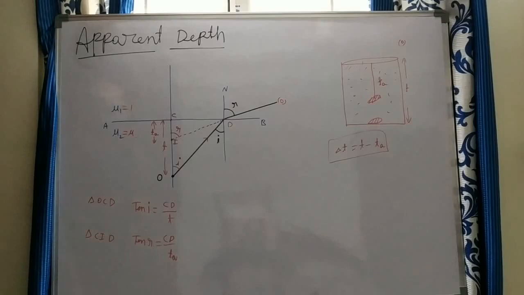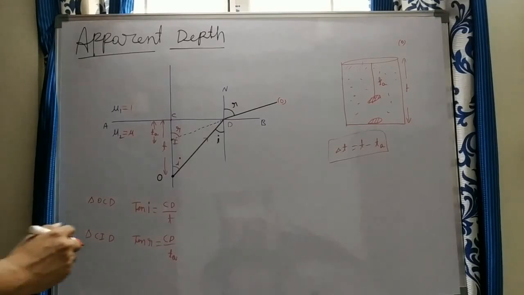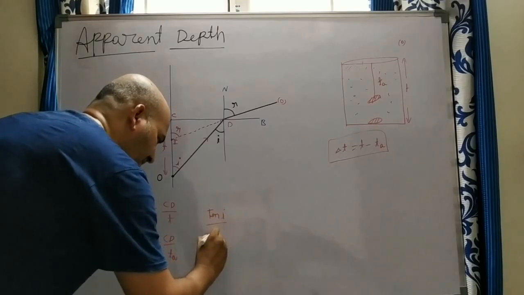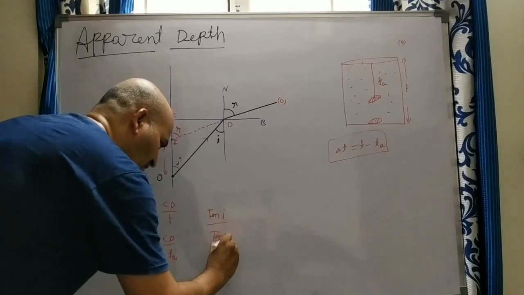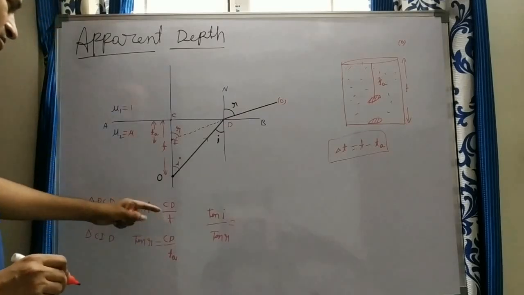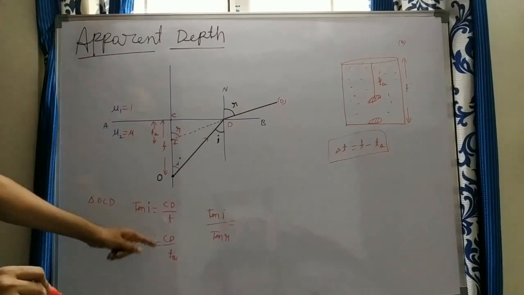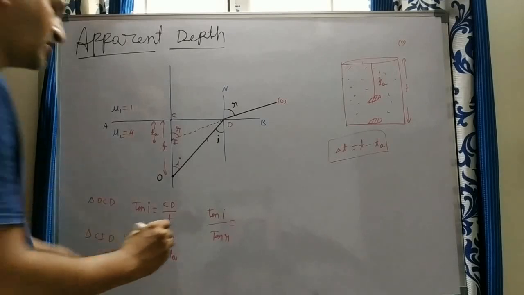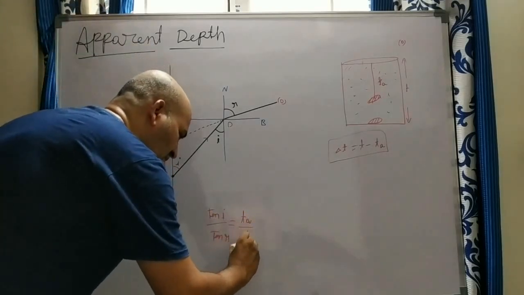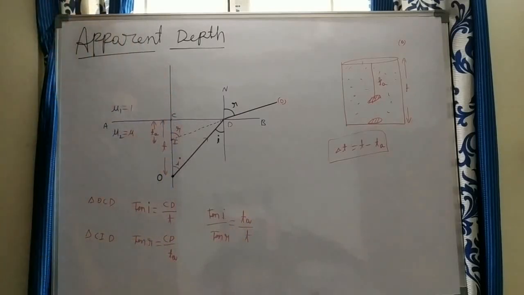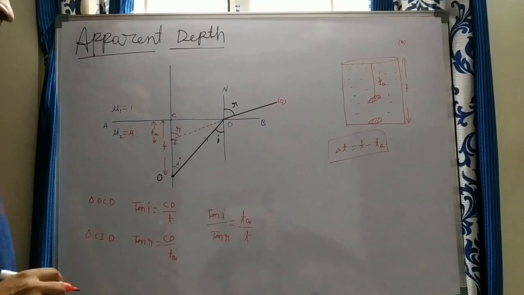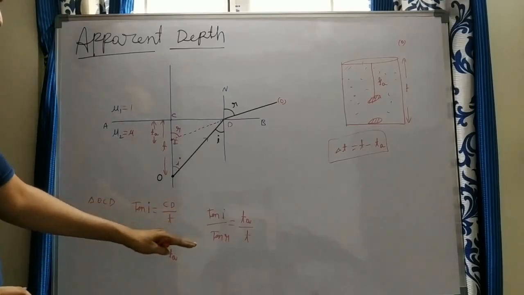Take the ratio of these two, tan I by tan R, which is equal to CD by T divided by CD by T apparent. So reversing, you get T apparent by T. If theta is very very small, that is I and R values are very small, you can take tan theta equal to sin theta.